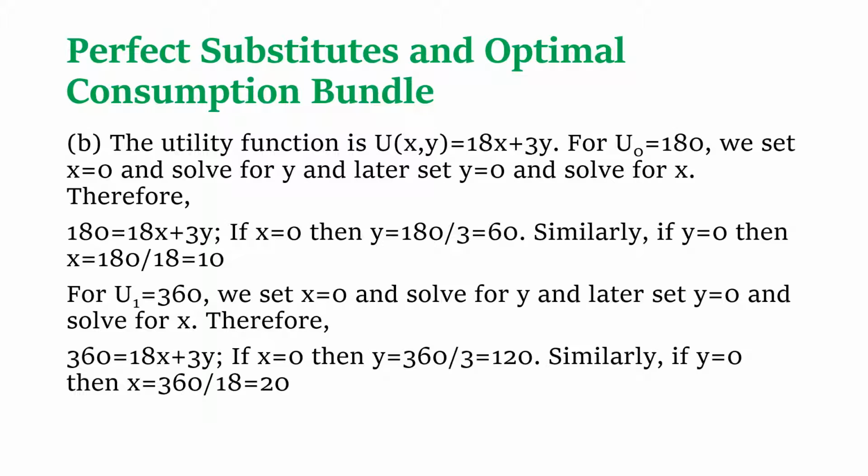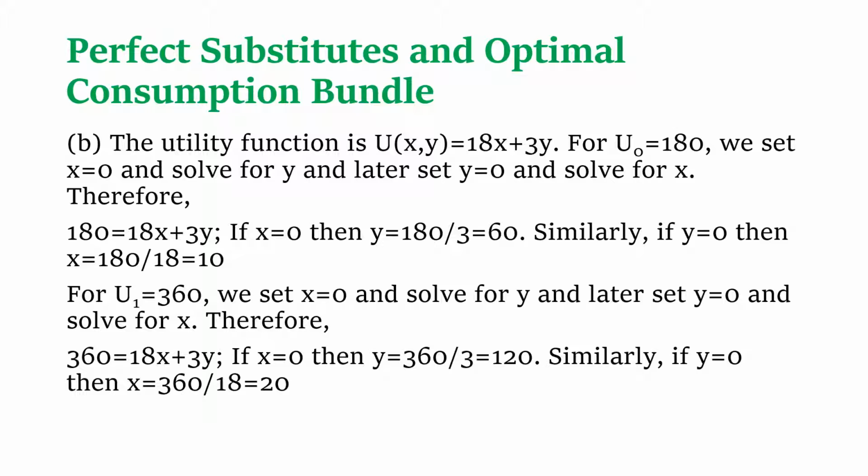And so we set x equals to 0 and then solve for y. And then later set y to 0 and then solve for x. So that's what we're going to do here. So if we take 180 equals to 18x plus 3y, and then we set x equals to 0, that means 18x becomes 0, because 18 times 0 is just 0, plus 3y, which is 180.